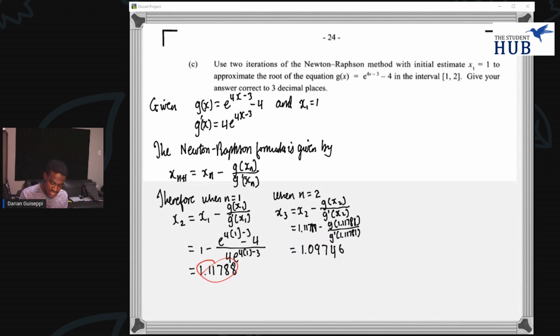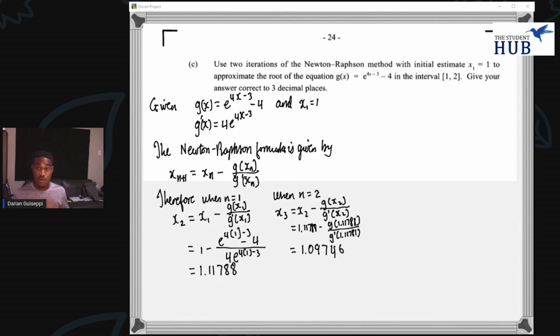Rounded off to 3 decimal places, this would be 1.118. This here would be 1.097. Those two aren't the same, so we have to go again.